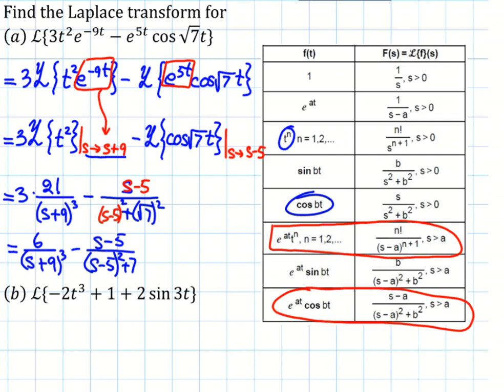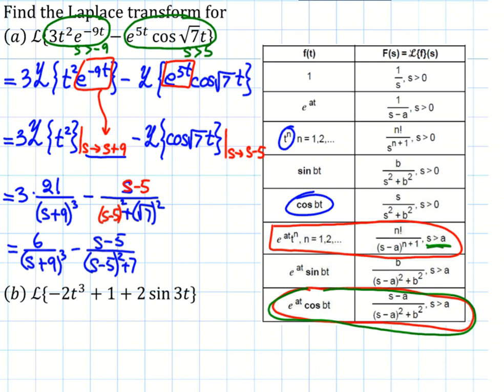For the transformation of this function, if we look at that, we require that s is greater than a. A in this case is negative 9. So we have s greater than negative 9 for that function. And for this function, we also have s greater than a, which is 5.